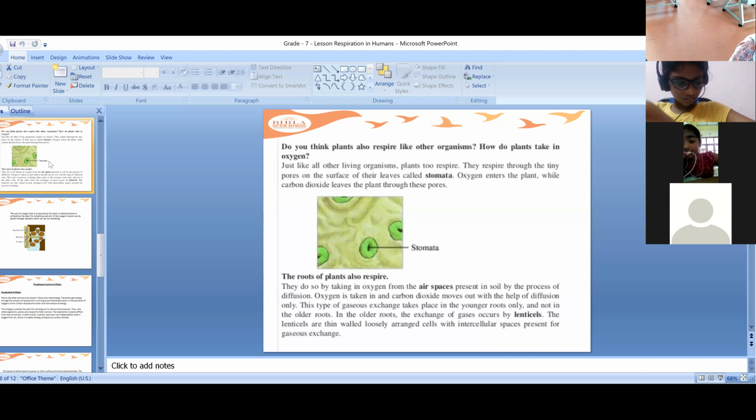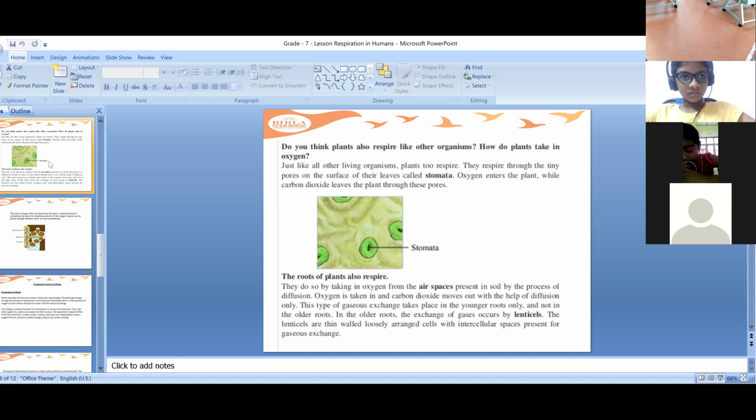The roots of the plants also respire, by taking in oxygen from the air spaces present in the soil. You may wonder how respiration takes place because the roots are inside the soil. But the air spaces are present in the soil, and by diffusion of the gases, oxygen and carbon dioxide move in and out.